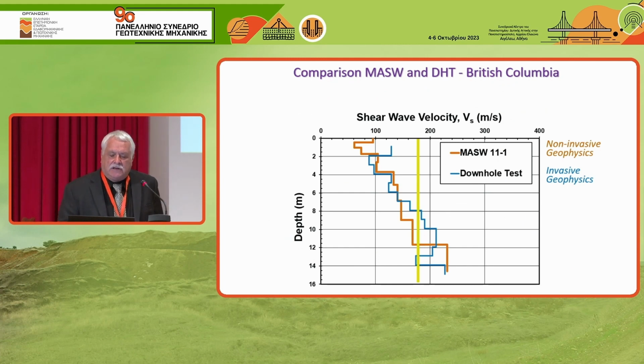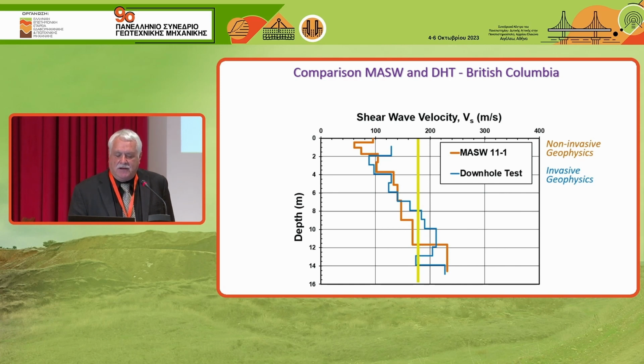Okay, now here's a comparison in British Columbia, non-invasive geophysics with the Rayleigh waves as shown by the orange step profile, and then invasive geophysics, which is a downhole test, shown by the blue steps. See, they more or less agree.